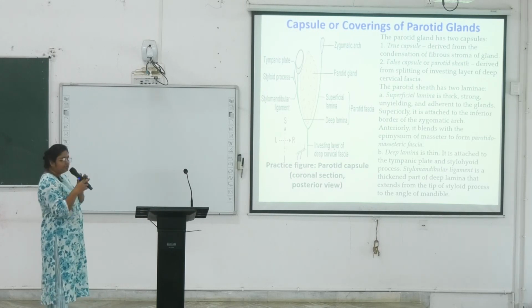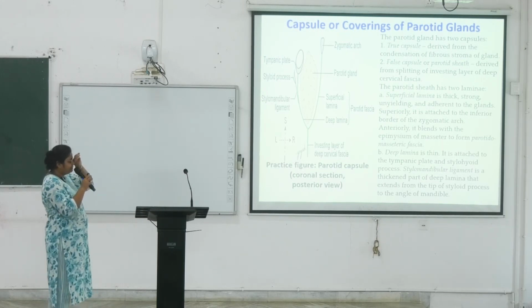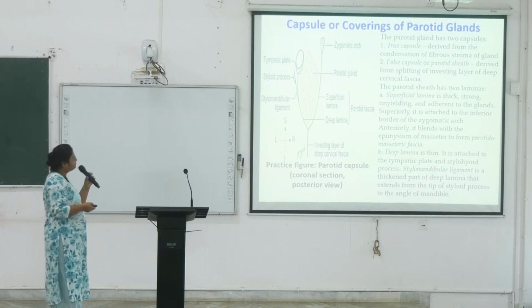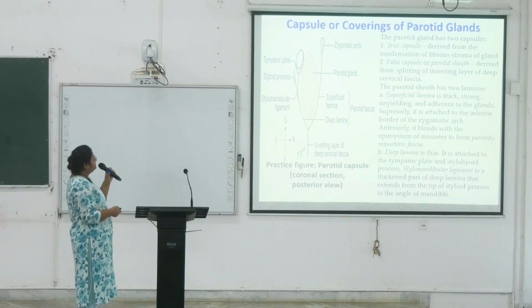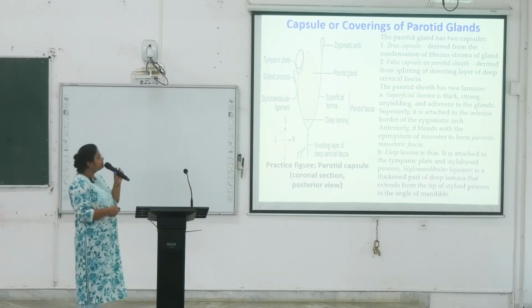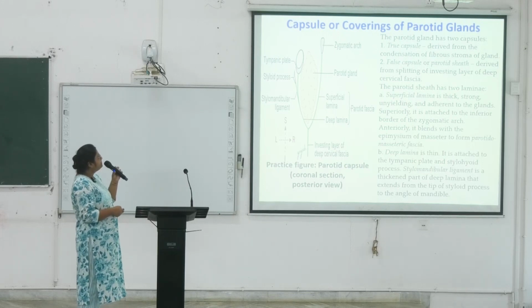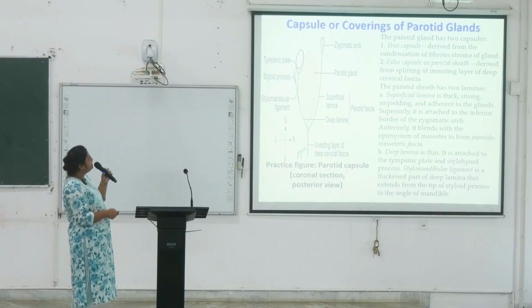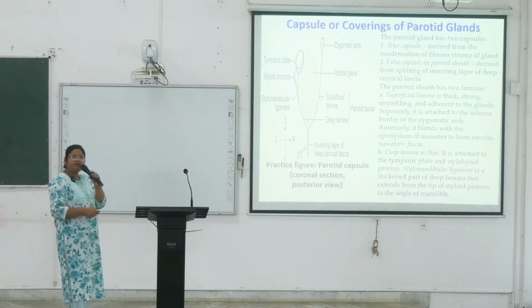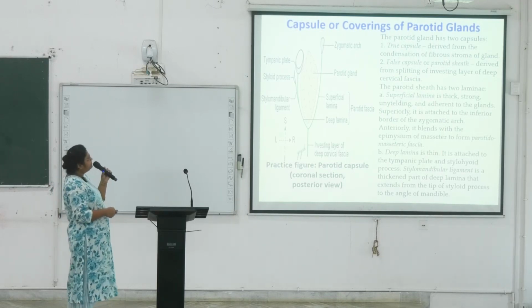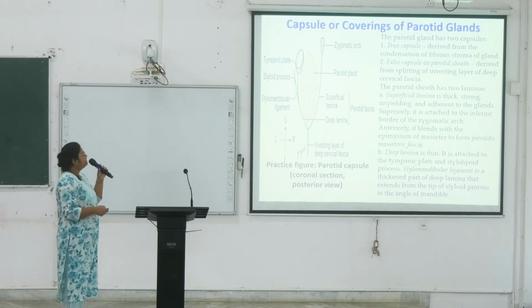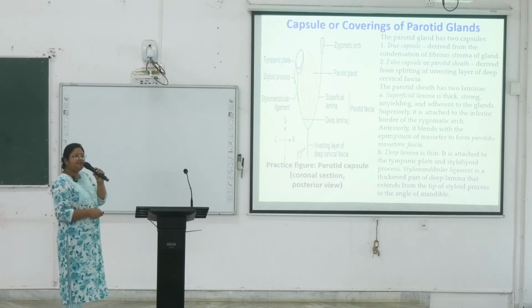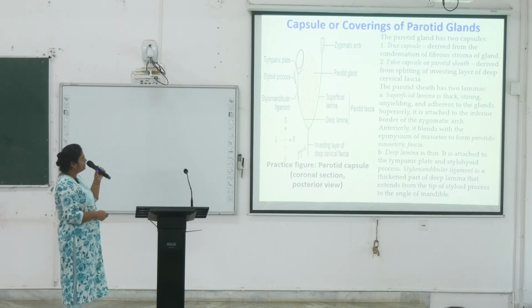Now, capsules or coverings of the parotid gland. The parotid gland has two capsules: true capsule and false capsule or parotid sheath. True capsule is derived from the condensation of fibrous stroma of the gland. False capsule or parotid sheath is derived from splitting of the investing layer of deep cervical fascia.